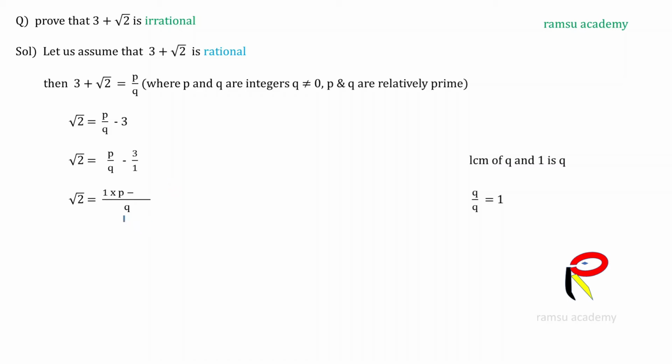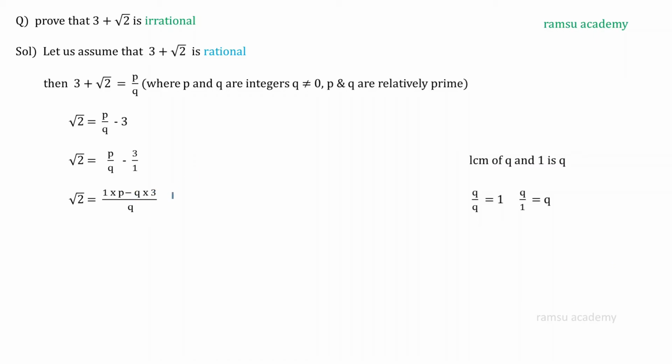Now divide q with 1. When we divide q with 1, we get q. Multiply this q with 3. Then it will be equal to q into 3.